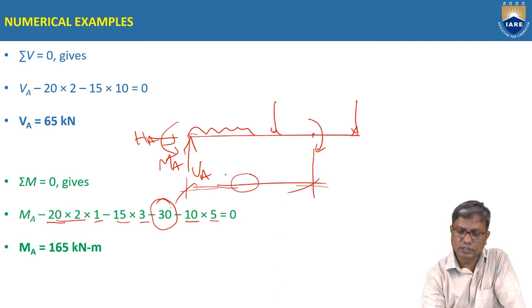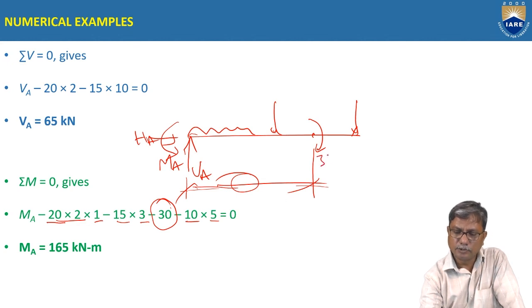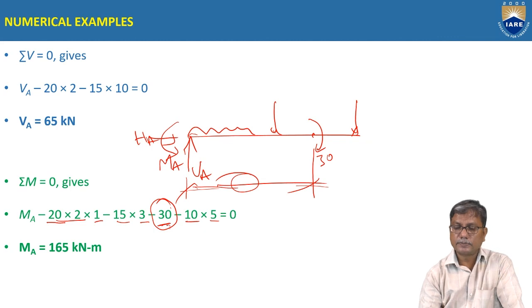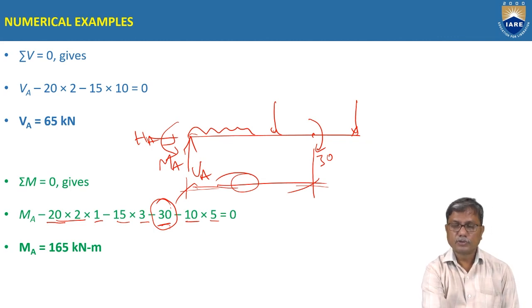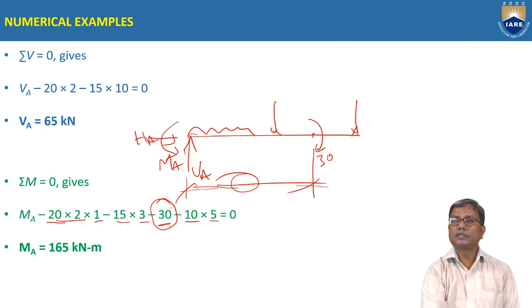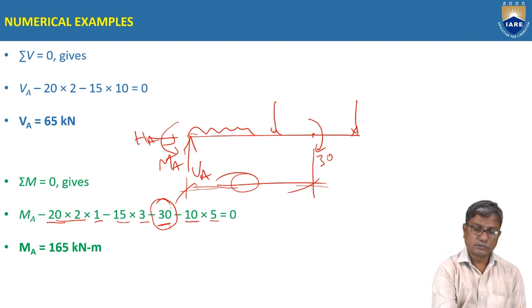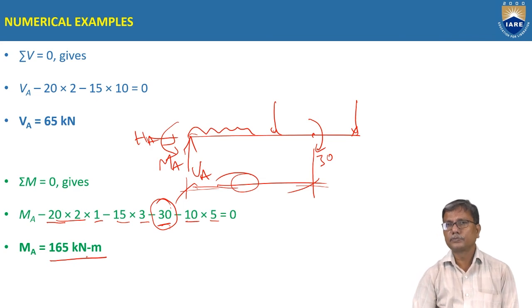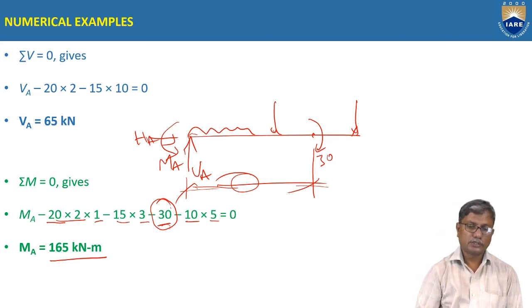We don't use this distance because it is already a moment. We just consider its sign and add it with proper sign. Being clockwise, it is taken with negative sign along with other moments. So this gives the moment at A as 165 kilonewton meters, and HA is 0.